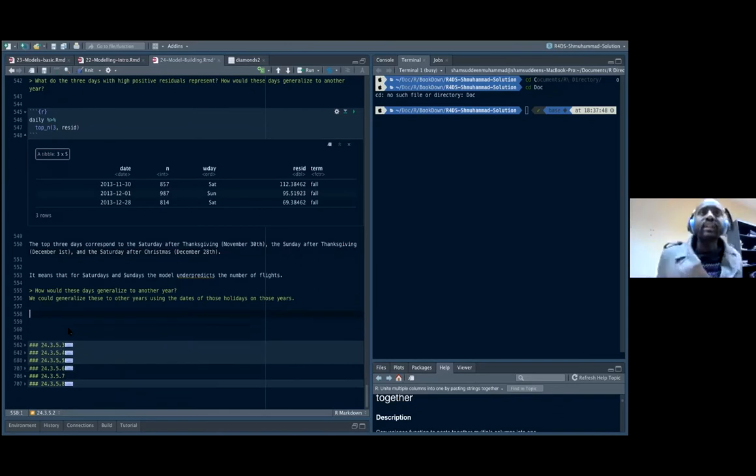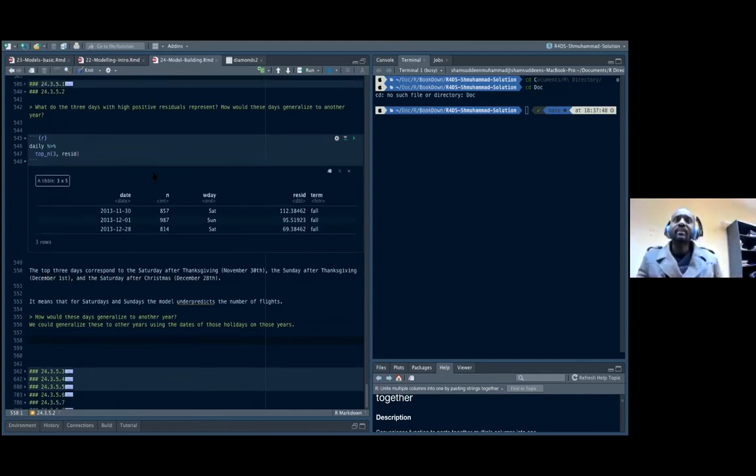I don't know. So the question asks the first thing, what do they represent? These days are Saturdays and Sundays, and what it really means is that we have high residuals because the model underpredicts these days and doesn't perform well. I don't know the second part. Can someone help us?